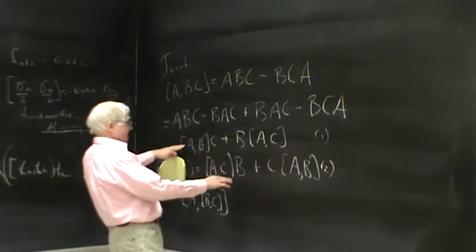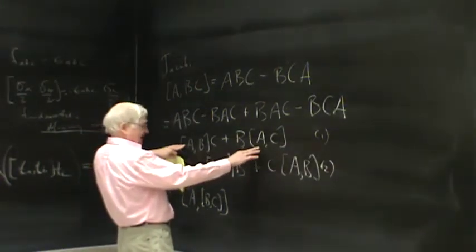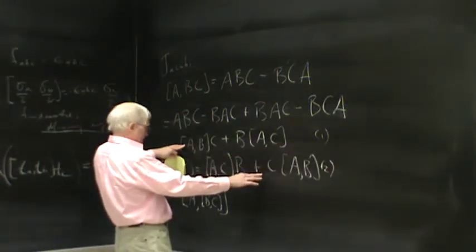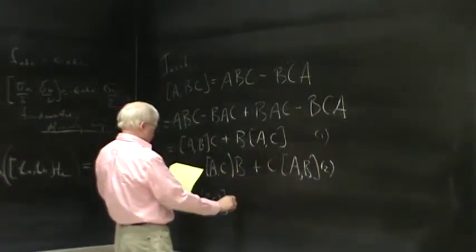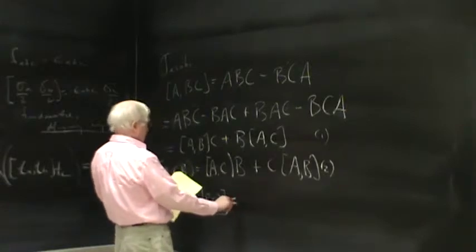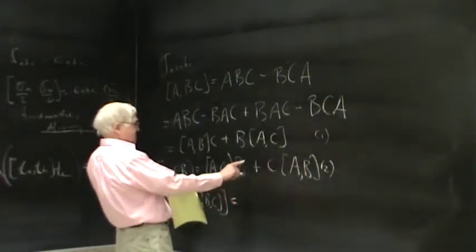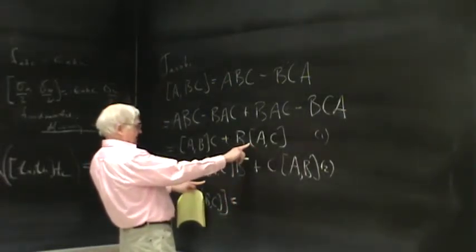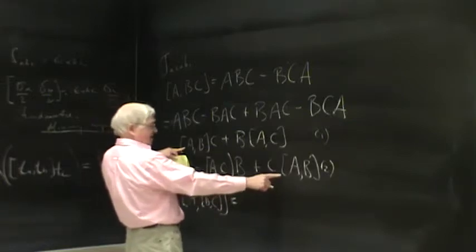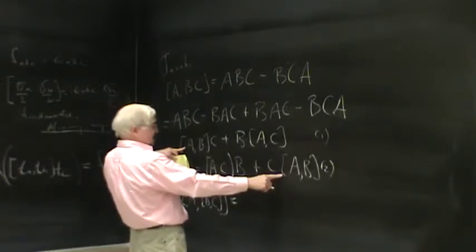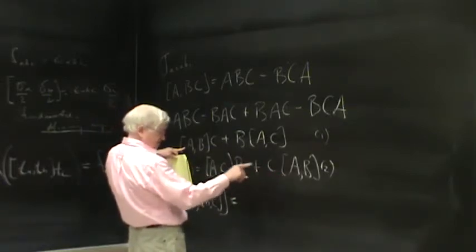So the first one here is AB plus... never mind the cancellation. What you get, you see, is a commutator. There's the commutator of AB with C, if you subtract this one.